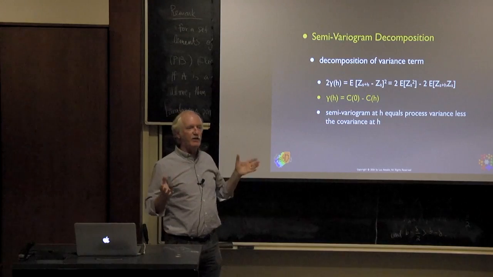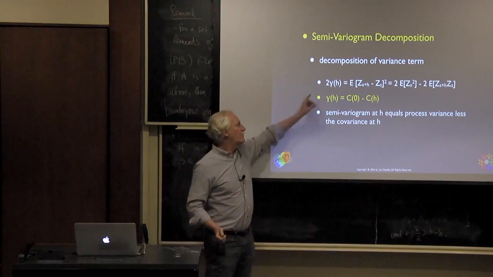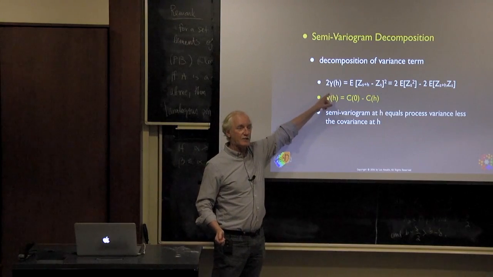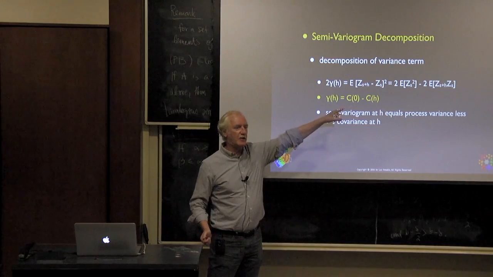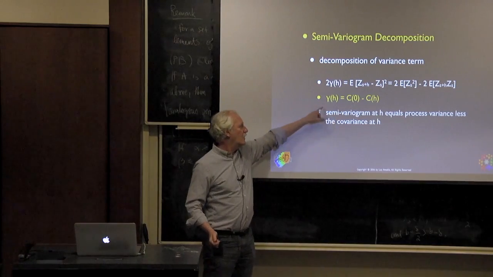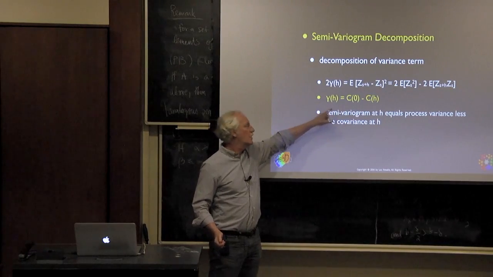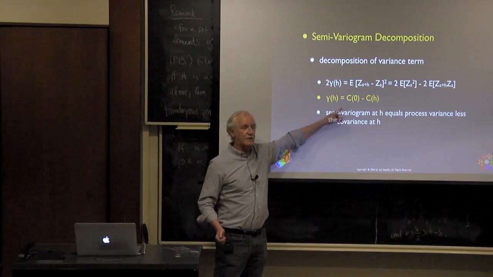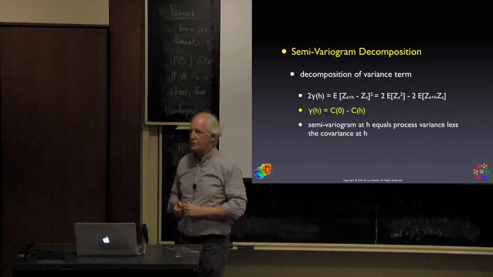And here's where the beauty of the semi-variogram comes in, because the variogram is twice this. So if you divide it by 2, you get rid of these funky 2's on the right-hand side, and we have this clean relationship between the semi-variance, the variance of the process, and the covariance at a given distance.